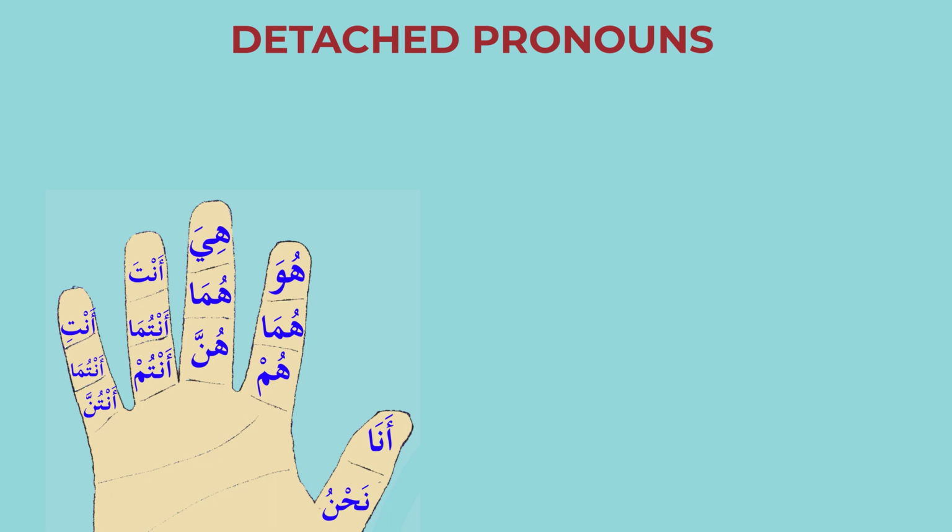Now, what are these pronouns, brothers and sisters? These are called damirun munfasilun. What is the meaning of munfasilun? They are detached. Nothing attached to it. So, they come on their own. They will stand on their own.